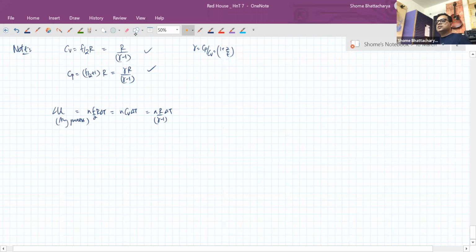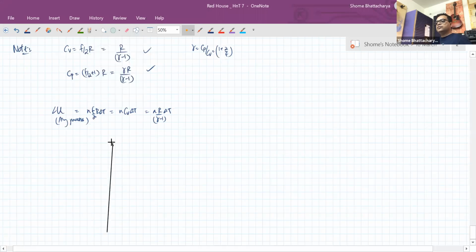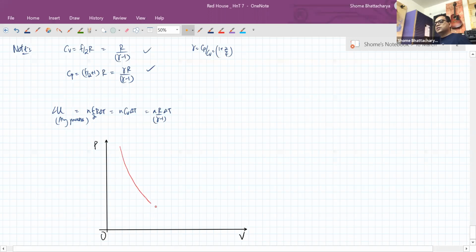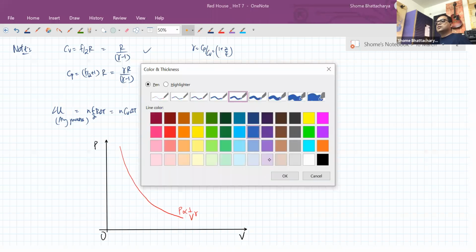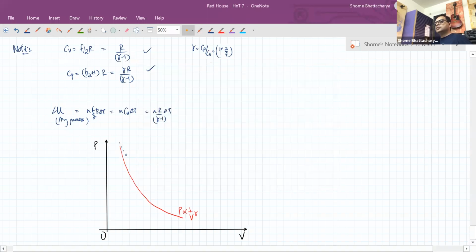The other thing is the graphical representation, the PV curve for an adiabatic process. It's easy to understand that it's hyperbolic in nature, but one should also understand its relation with respect to isotherms. This is the equation of the adiabat: P is proportional to 1 by V to the power gamma. In comparison to that, the isotherms will look something like this. They are gentler in curvature.